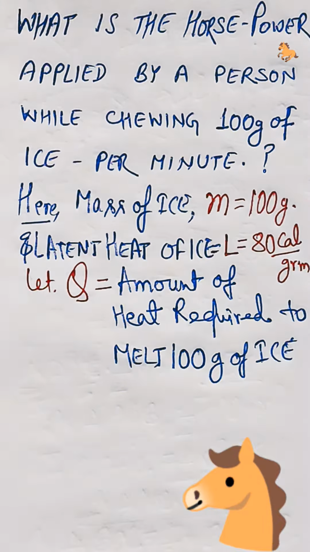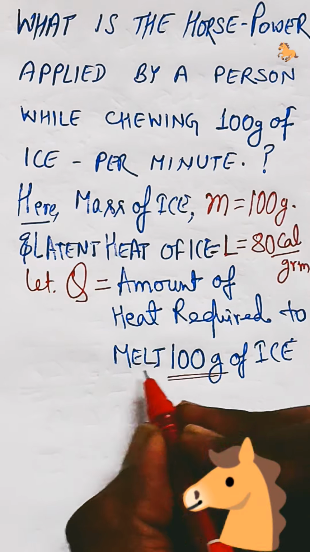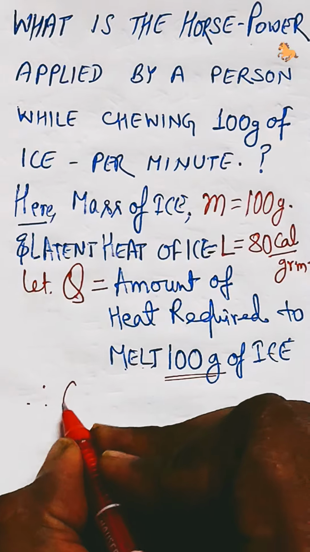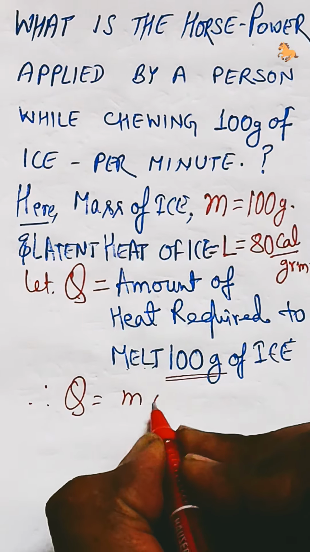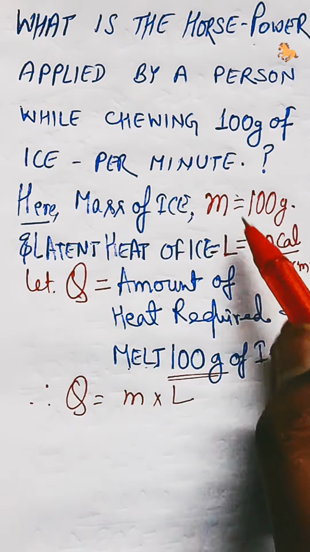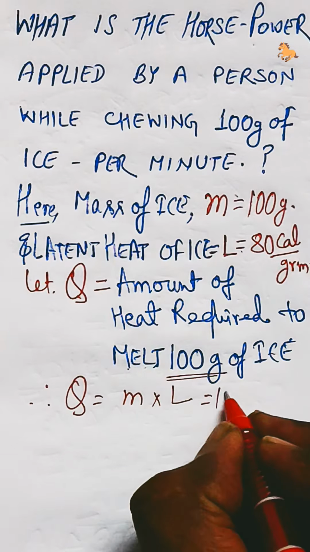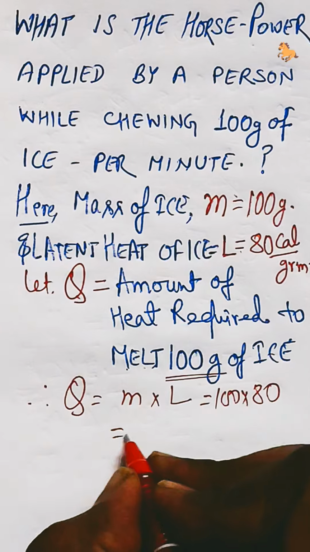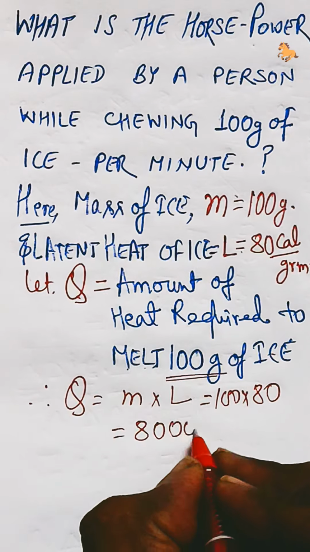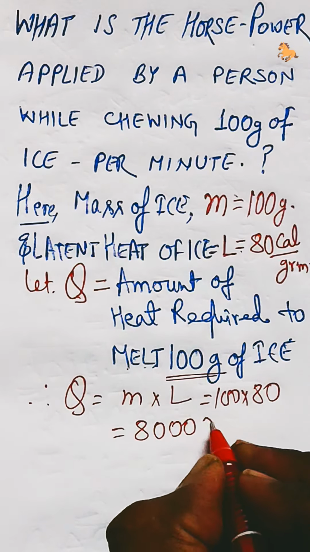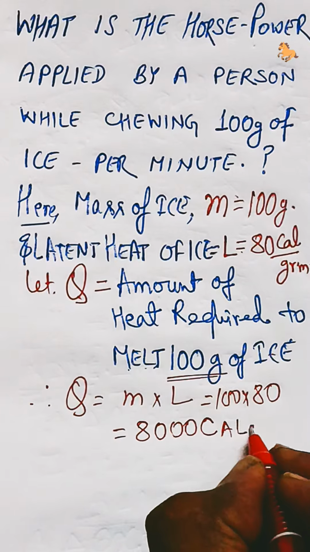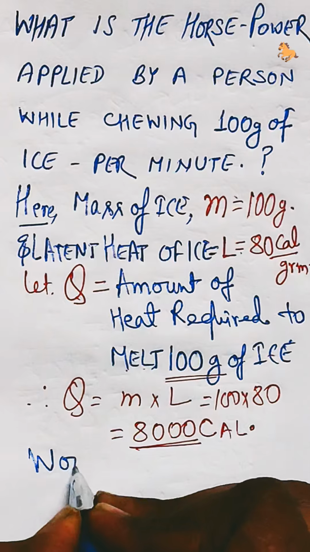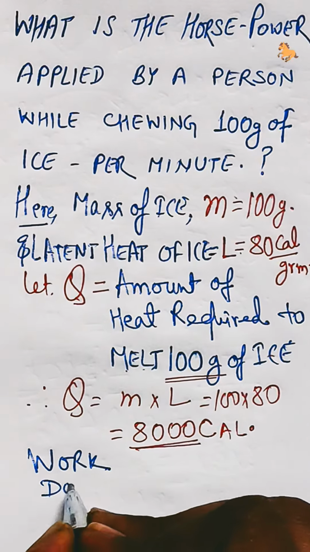By the formula we know that the Q to melt 100 gram of ice can be written as Q equal to the product of m and L, the mass of the ice given and the latent heat. The m is given to you as 100 gram, so 100 gram multiplied by 80 calorie per gram. The gram will be cancelled and the product of 100 and 80 will give you 8000. So 8000 calorie is the amount of heat which is required to melt this 100 gram of ice.